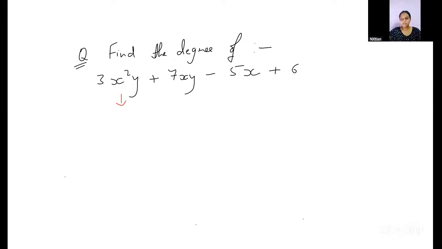No, Abraham, that is why I'm explaining to you. This is something different. First, we look at all the individual degrees. So x square y has a degree of 3, xy a degree of 2, 5x has a degree of 1, and 6 has a degree of 0.